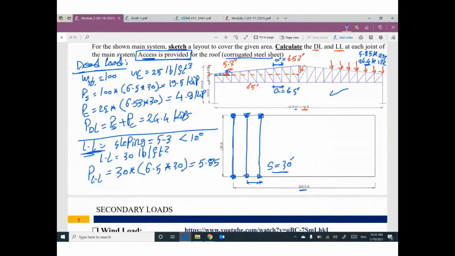Then you need to go through this calculation to figure out the value of dead load and the value of live load. Finally, you will get a truss problem with a concentrated load at each joint waiting for analysis. We need to determine the internal force in each member. Once you get the internal force in each member, you can design your truss.